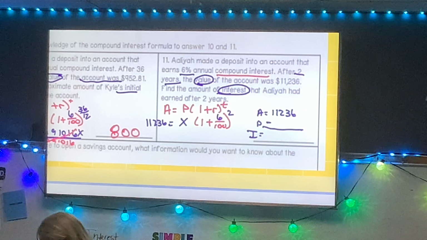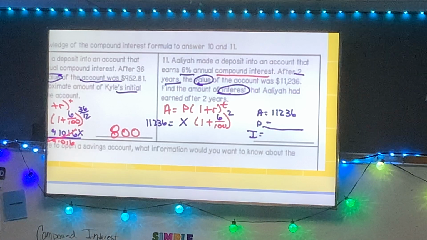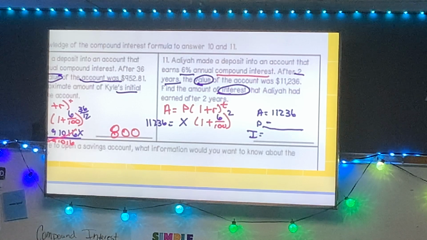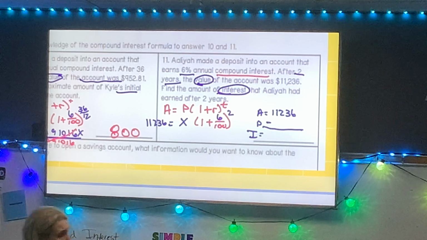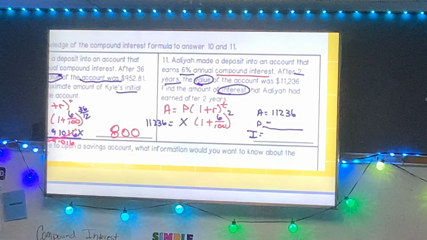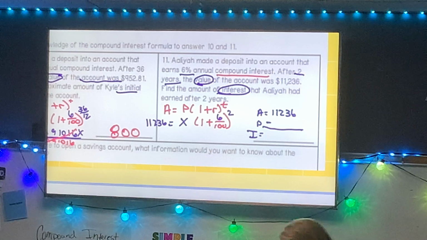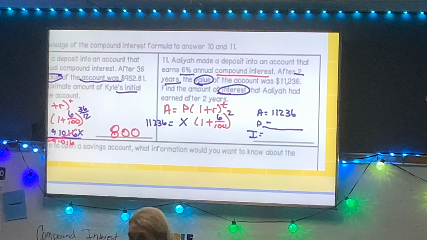So pick up your calculator. We're doing our parentheses. 1 plus alpha y equal 6 over 100. Close parentheses. Caret top 2. And you get an ugly fraction.